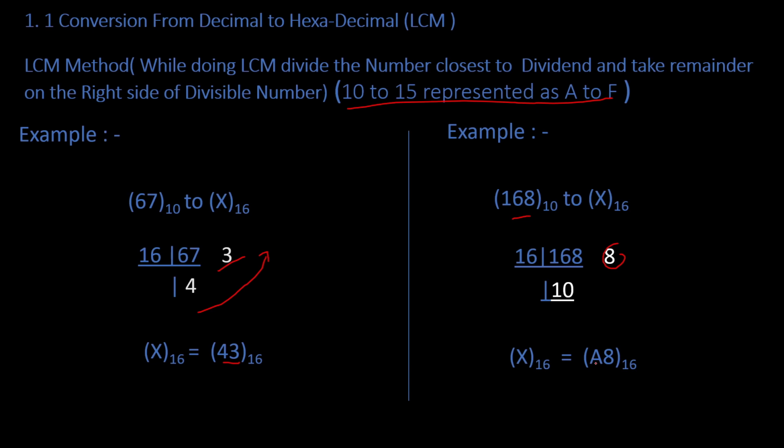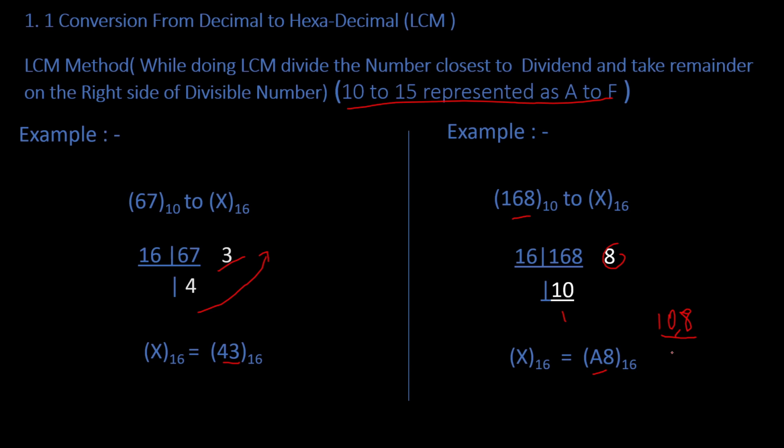And you can see we have to represent this 10 as A. If we want to, we can put 1, 0 and 8, but logically it would be wrong, because when we say the number aloud, like 108, is it actually 108 or is it 10 and 8?